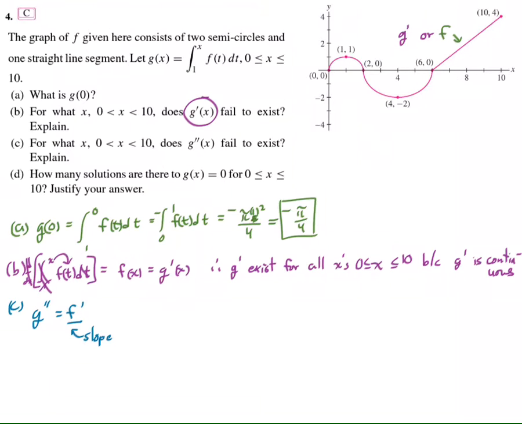Where does the slope not exist on this curve that we have? Well, we know that the slope does not exist at holes, points or cusps, or vertical lines or asymptotes. So we have at 2 and at 6, we have no slope. So to answer our question, g double prime fails to exist at x equals 2 and x equals 6.